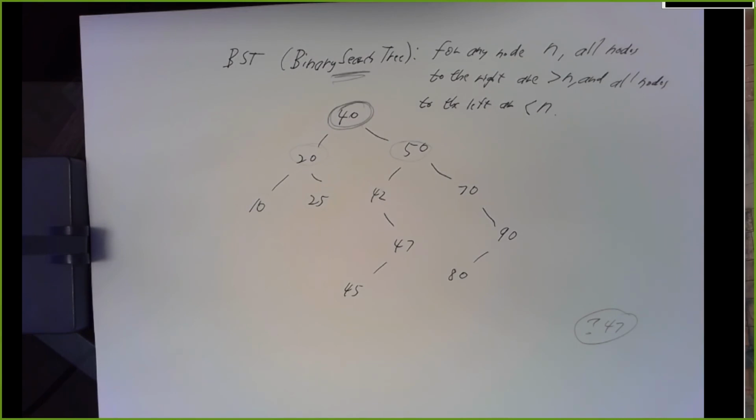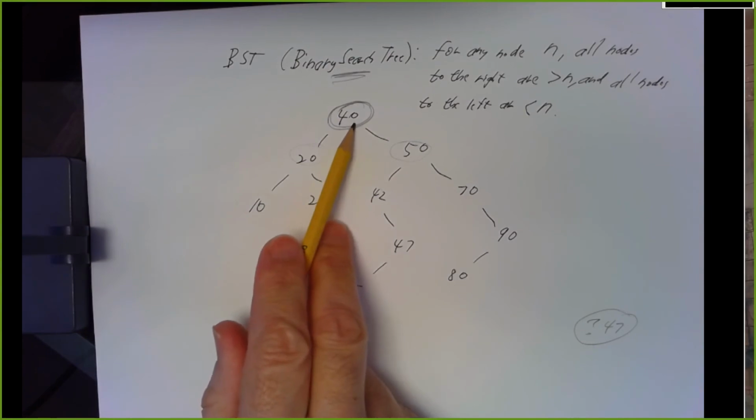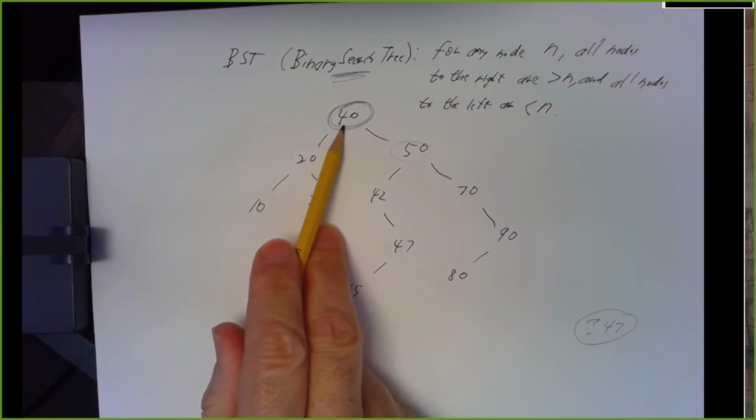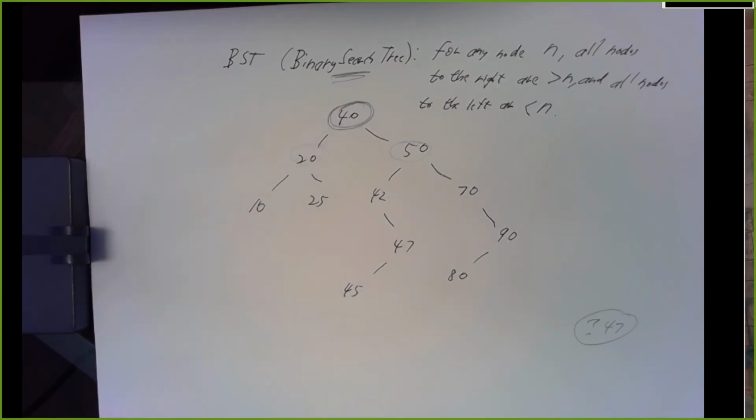So we start with a 40, and we're looking for the number 47. It's not the root, so we haven't found our number yet. But what do we know, given that this is a binary search tree? Where do we have to look now for a 47? Gotta look in the right subtree.